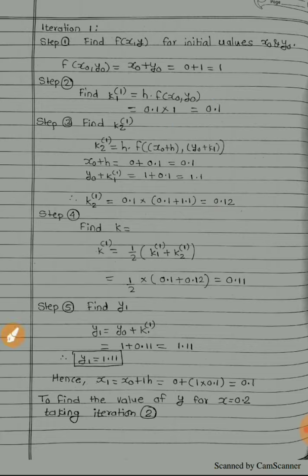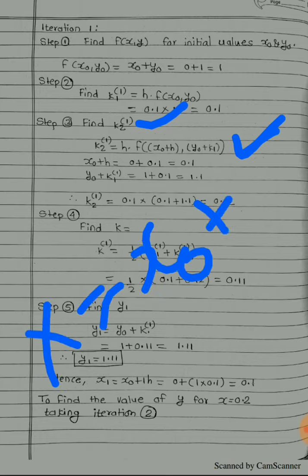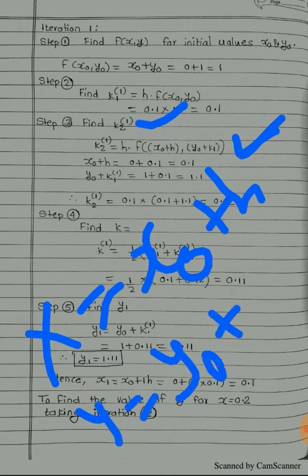The next stage is to calculate k2. So k2 of 1, as we are in iteration 1, will be given by k2 of 1 equal to h into f of x0 plus h comma y0 plus k1. The meaning of which is, instead of x you need to take x0 plus h, and instead of y you need to take y0 plus k1. h value is known, k1 value is known, x0 is known, y0 is known.